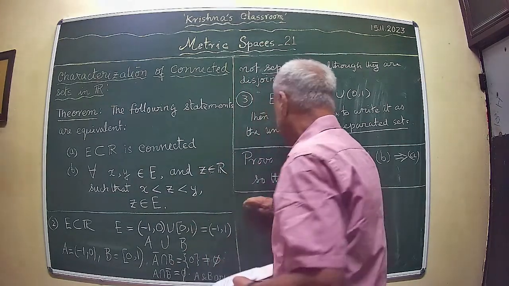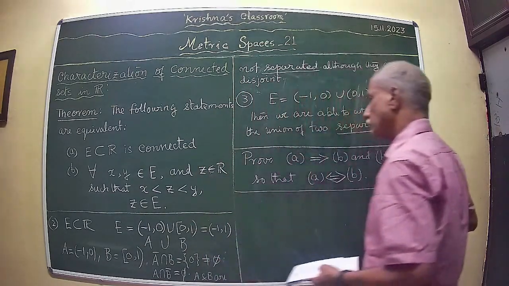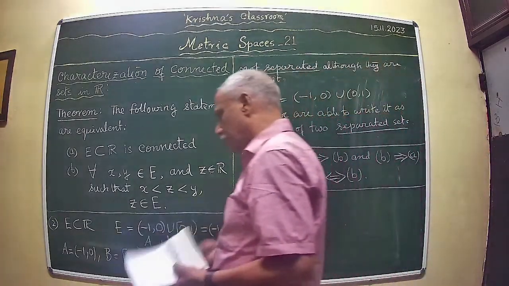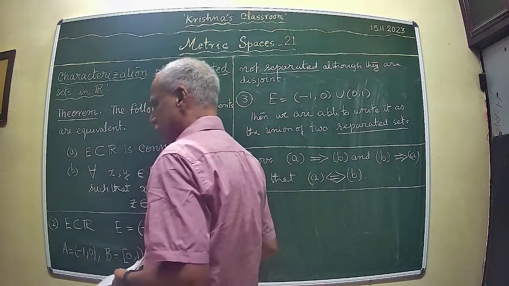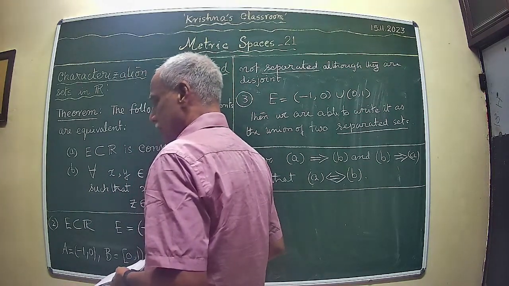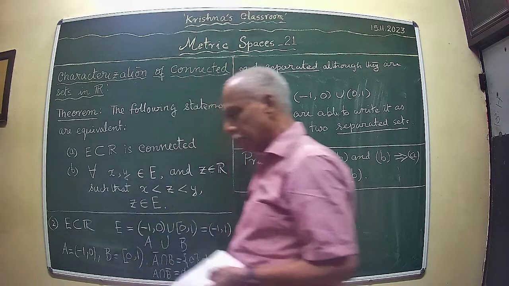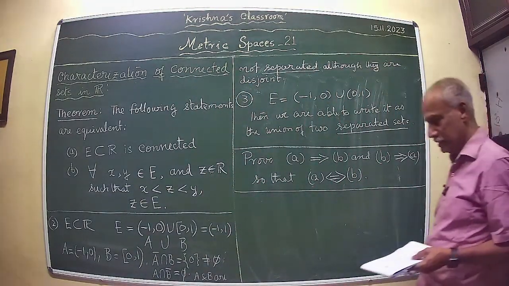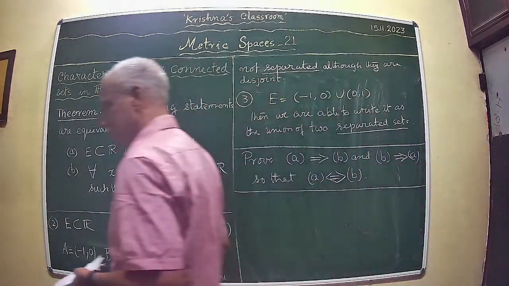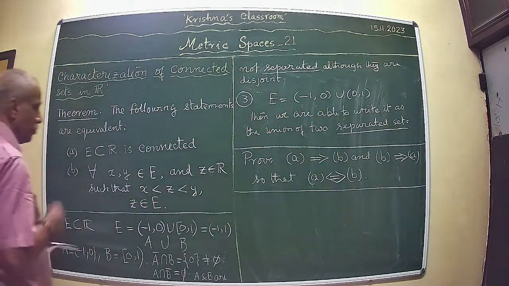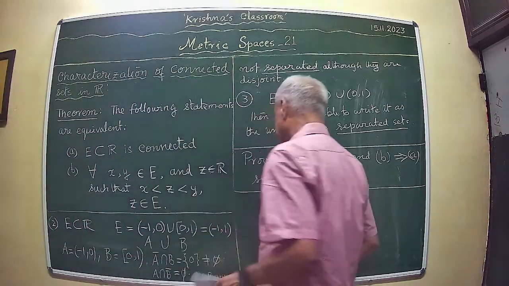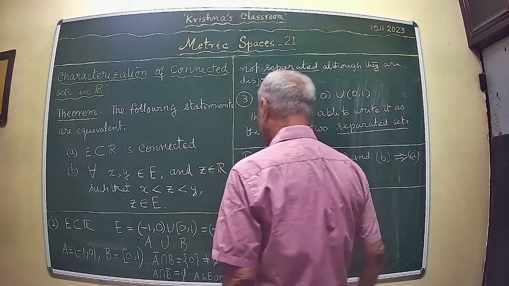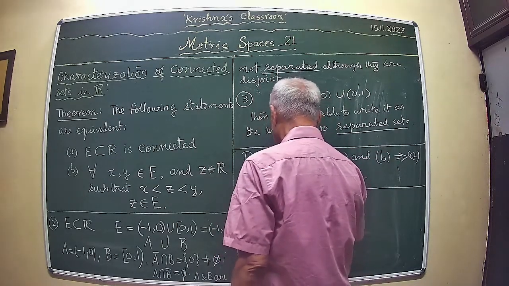Okay, so one more thing I want to assert is that sometimes we use the negation of statements to prove this. What is the logic of that? Let us understand this. So suppose X is a master set.